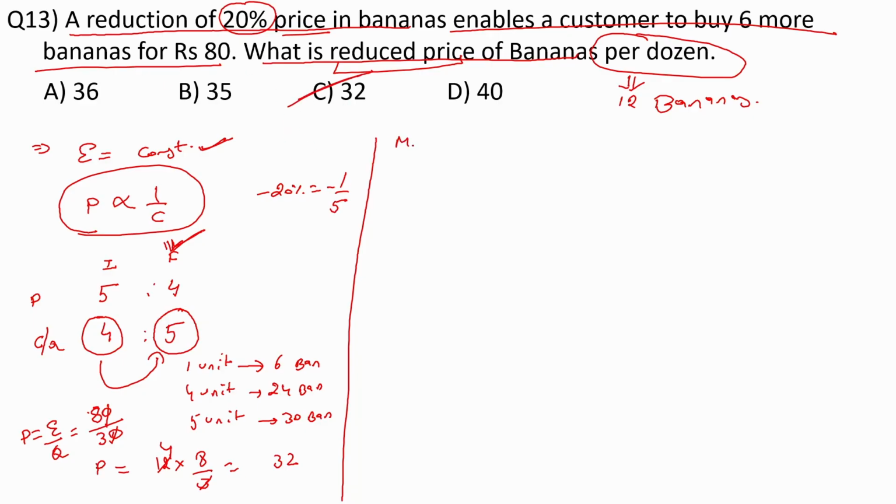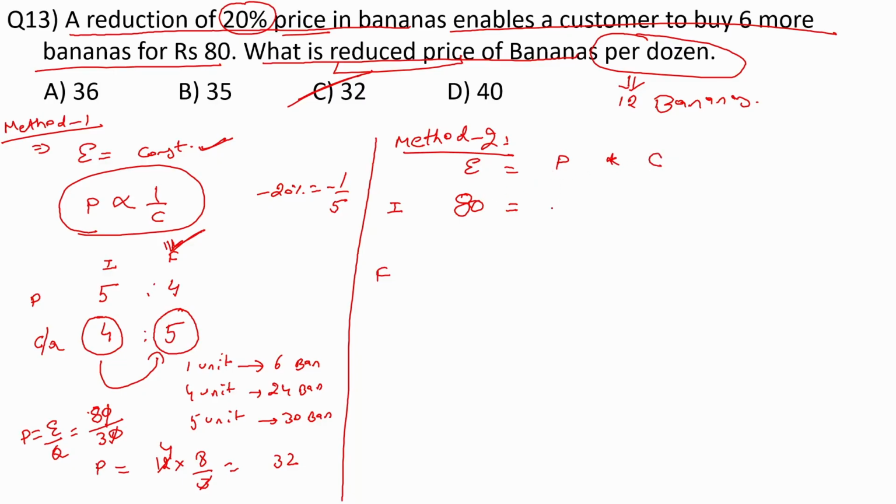So let me explain with the traditional method, guys. This is method 2; this is method 1. In the traditional method, expenditure is 80. As the price decreased by 20%, this is the initial case, this is the final case, with expenditure, price, and then consumption.